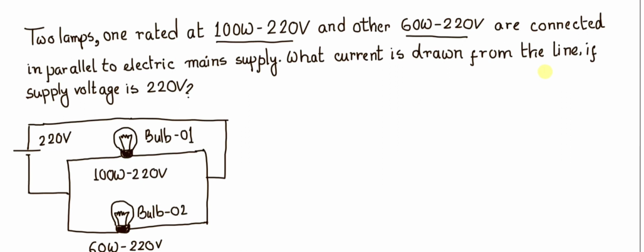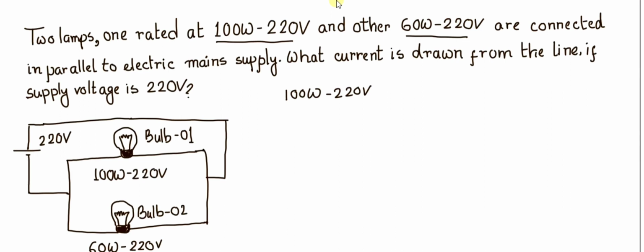Okay, but what is the purpose of considering? I have clarified first. 100 watt 220 volt is basically the specification of bulb 1. So its power is given, its voltage is given. That means it is the maximum power it can dissipate if it is connected to 220 volt.